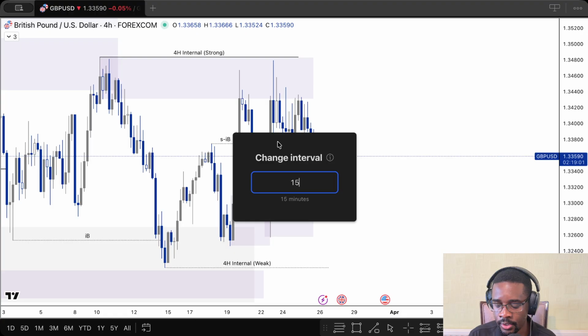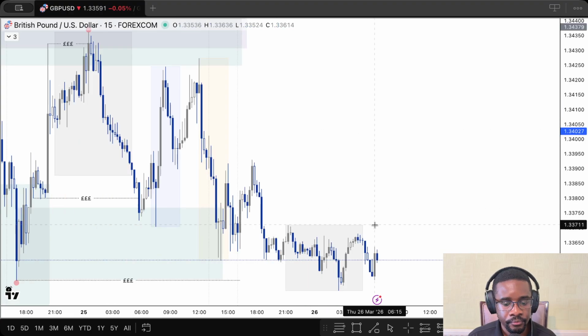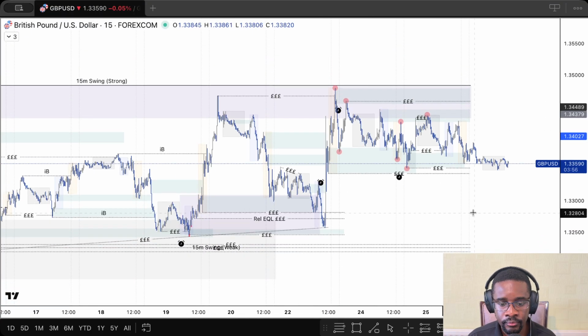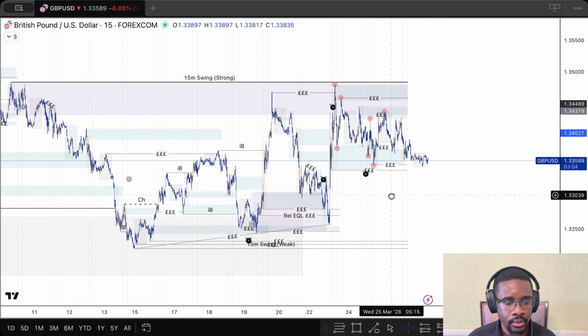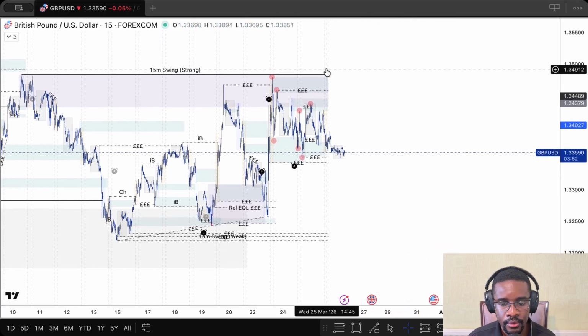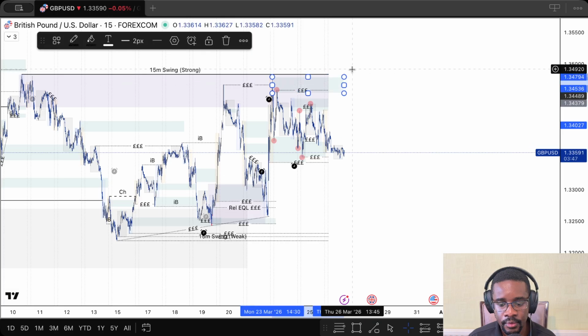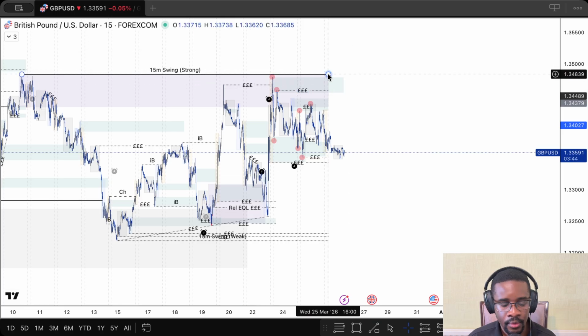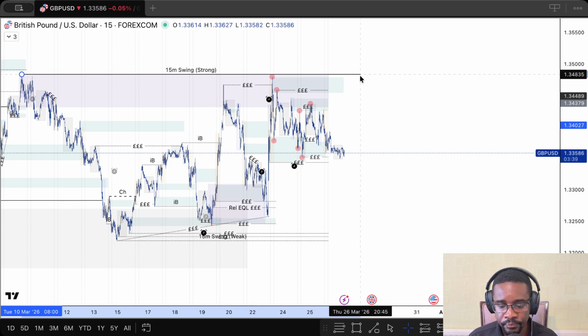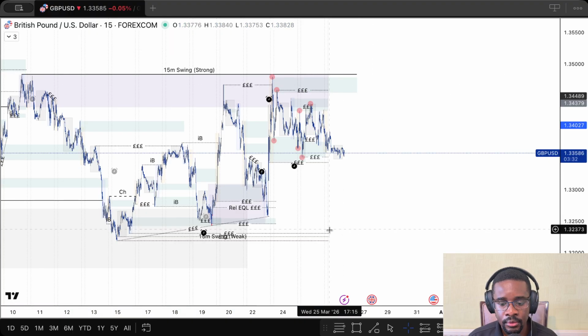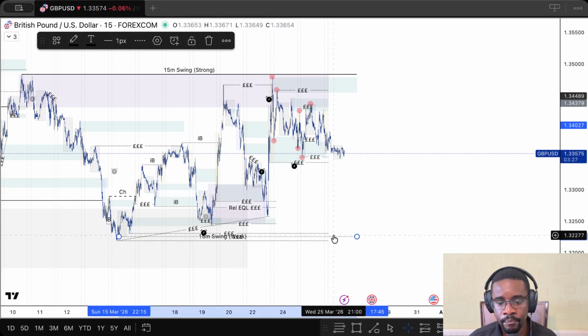And then on the 15-minute, let me start with the swing. On the swing, this is what we have, and I still have these areas of liquidity down here.